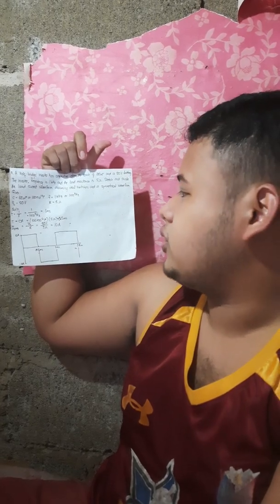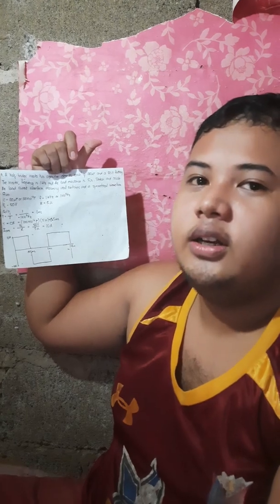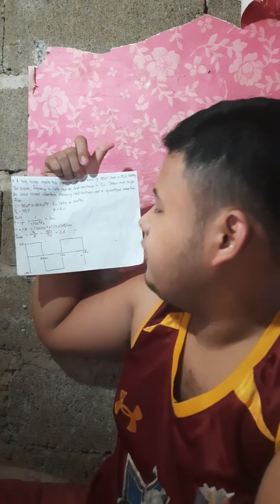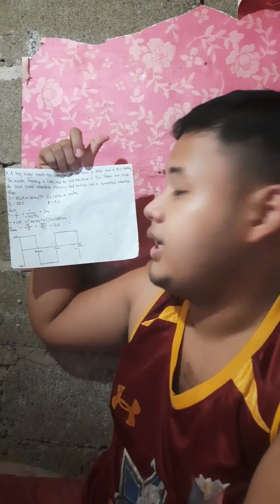So first we need to solve for the time and for the IRMS, the RMS current. So first we take 1 over the frequency, so we can get 1 millisecond.